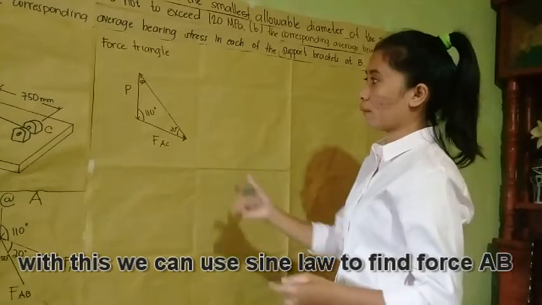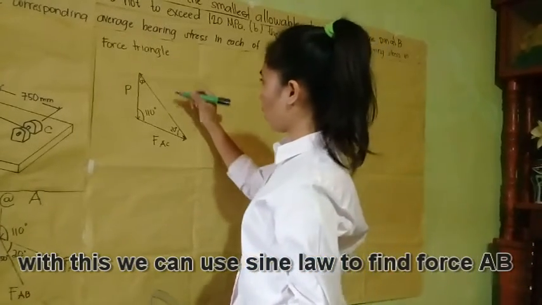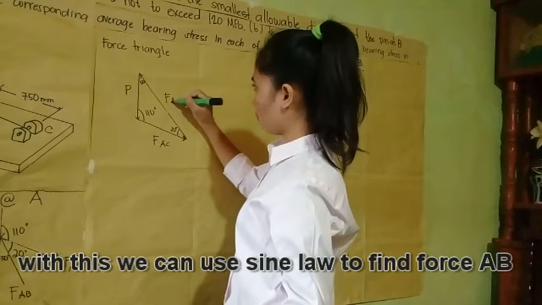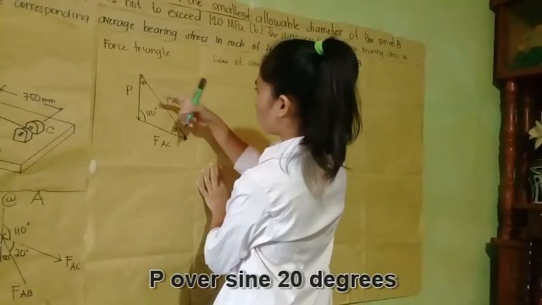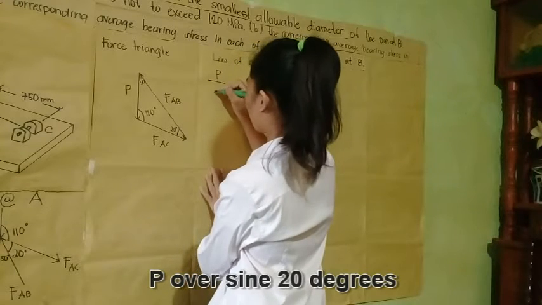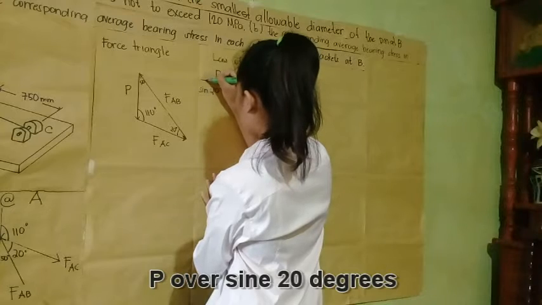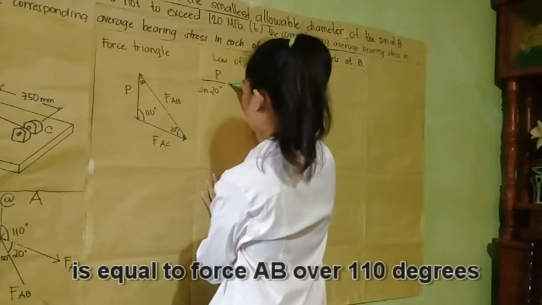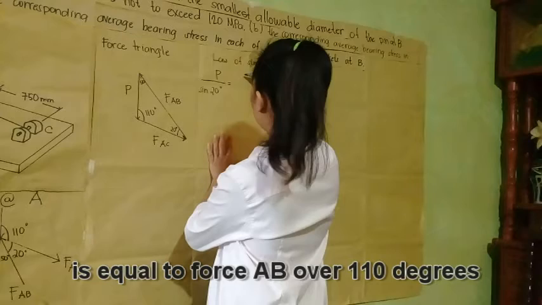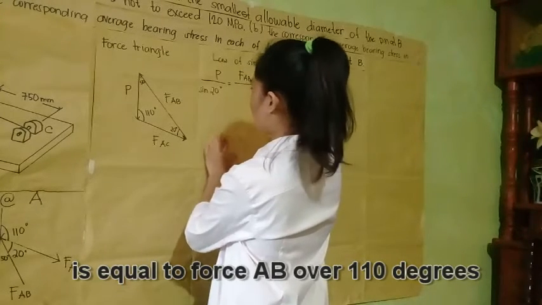So with this, we can use the sine law to find force AB. So P over sine 20 degrees is equal to FAB over sine 110.